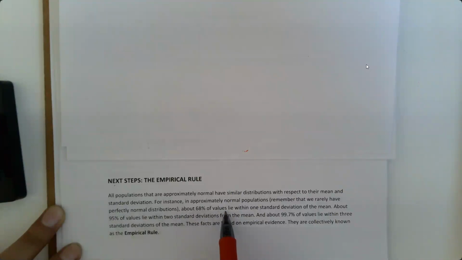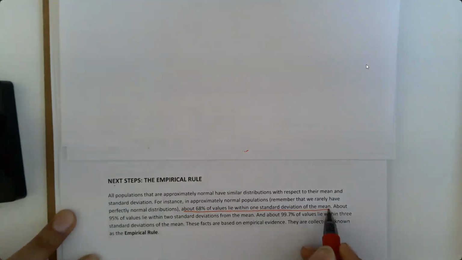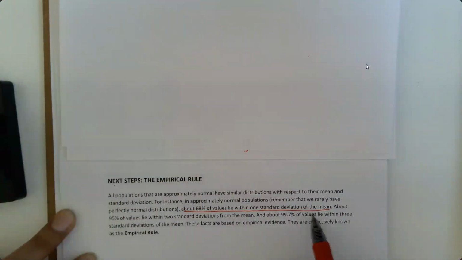About 68% of values lie within one standard deviation of the mean. So 68% of values lie within one standard deviation up and below the mean.